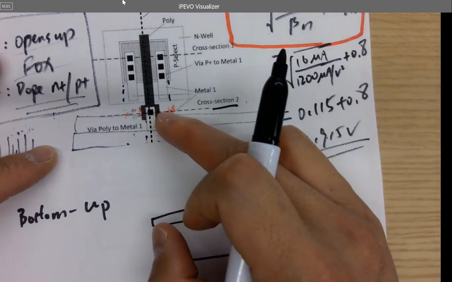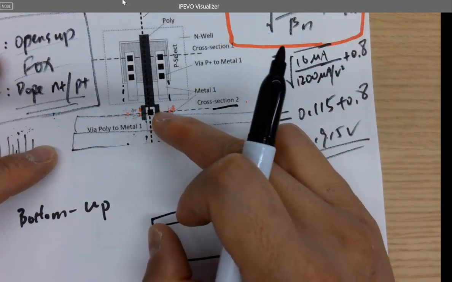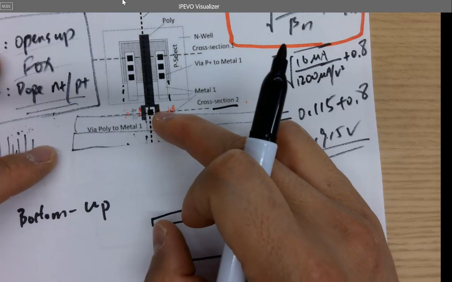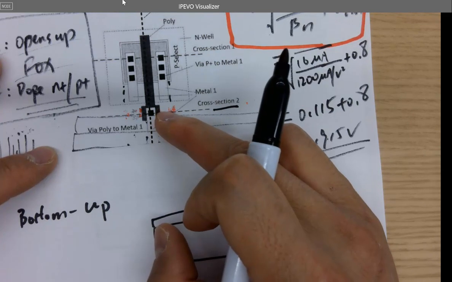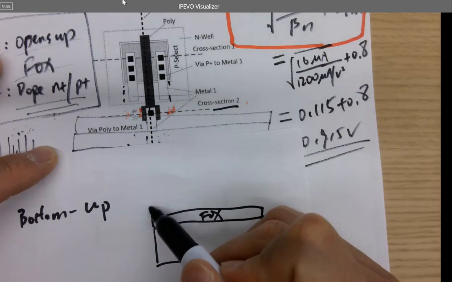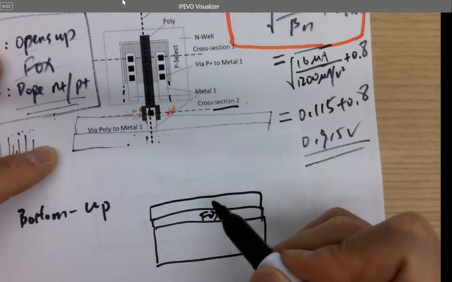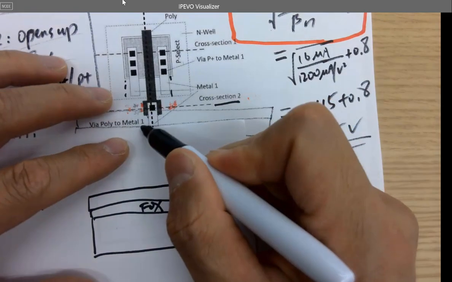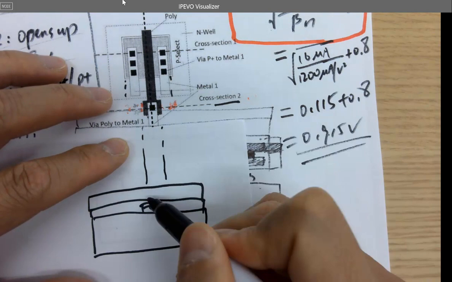So it's basically a poly floating in the air, and then you drill a hole on the top to metal 1. So which one is bigger? Which one is smaller? The poly is bigger. Metal 1 is smaller. So here's poly, and to draw it here, that's the poly's width.